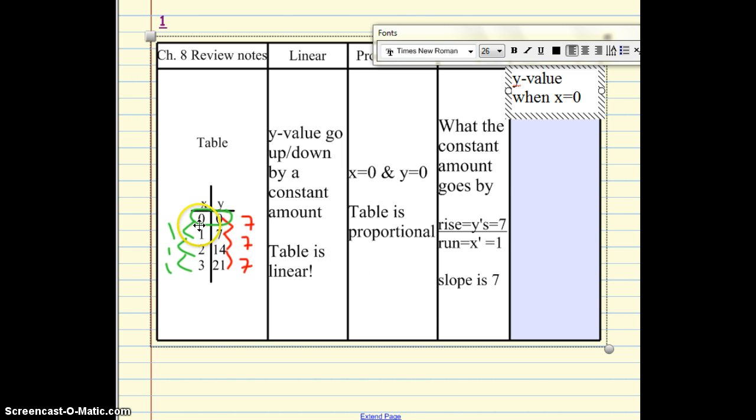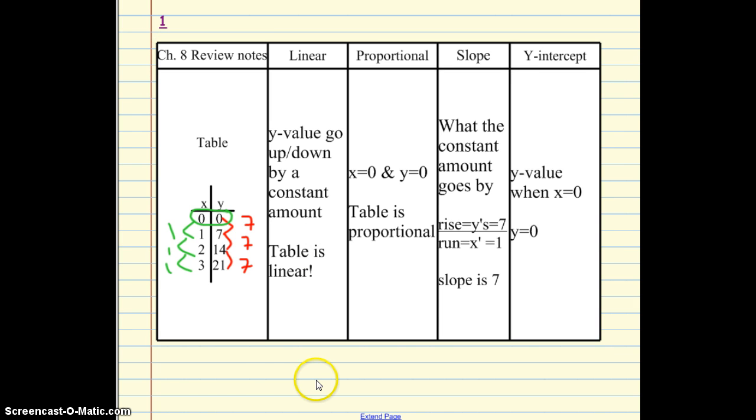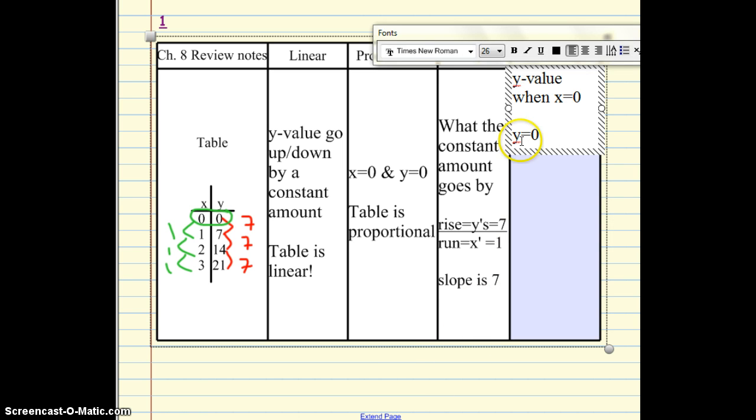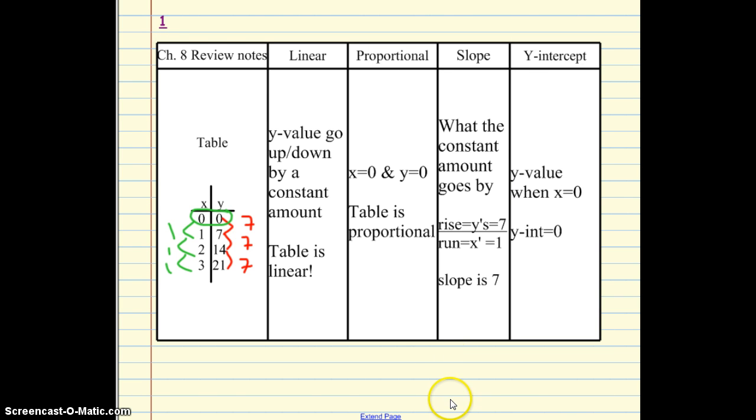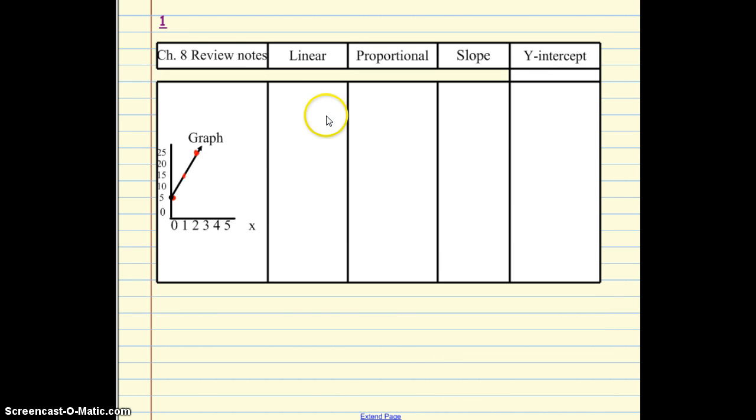So when x equals 0, y also equals 0. So our y-intercept is 0. Fantastic. Alright, so now you know how to work with a table, how to tell if a table is linear, how to tell if it's proportional, how to tell what the slope is, and how to tell the y-intercept is 0.